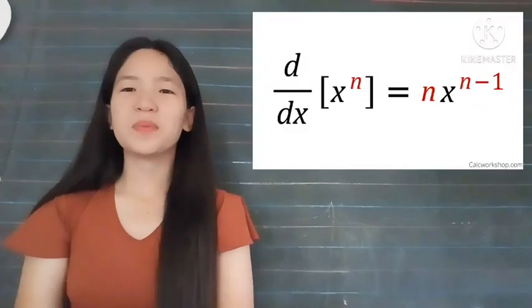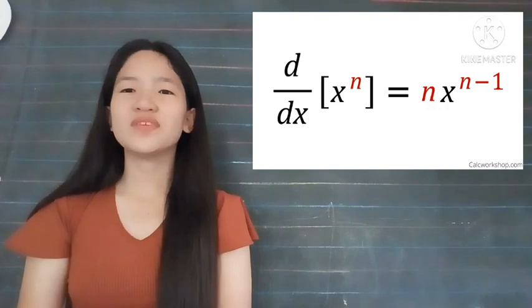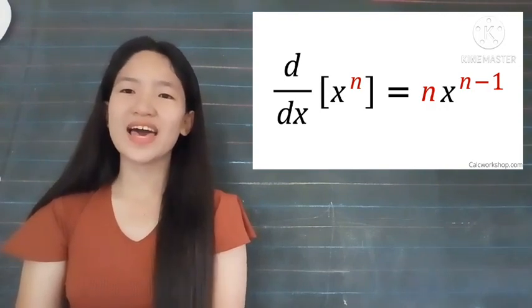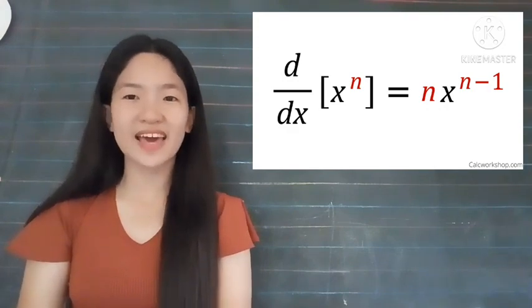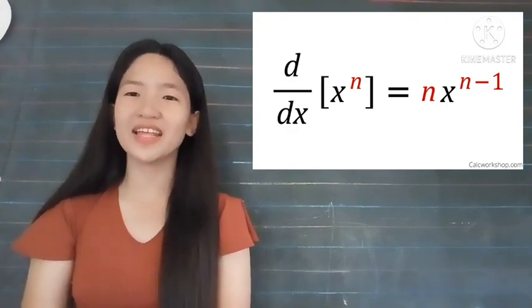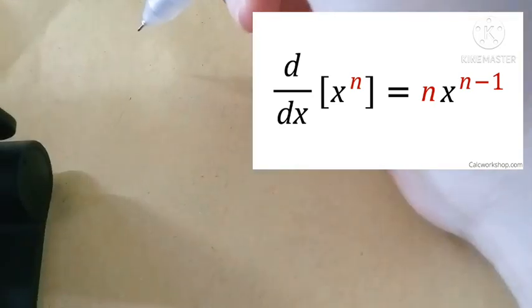To solve for the power rule, let's be guided with the formula: the derivative of x to the power of n is equal to n times x to the power of n minus 1. These are the examples.